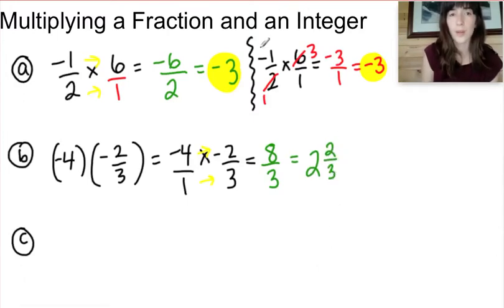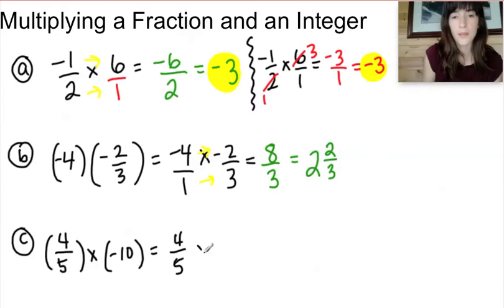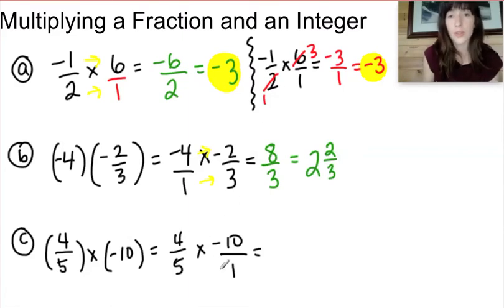All right, one more. How about 4/5 times -10. All right, so setting it up, I'll put a 1 underneath my 10, and I can either multiply straight across or cross reduce. I'm going to cross reduce first because that makes it a little easier.